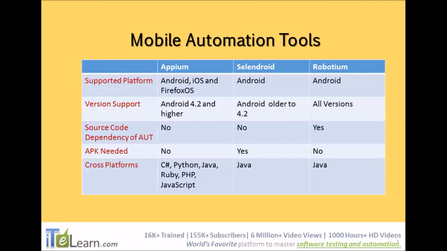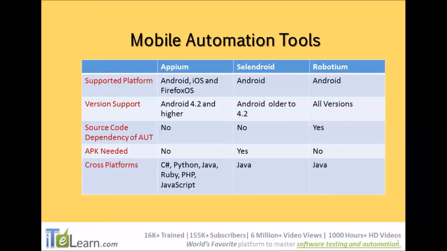Using the package names of the application itself, you can drive with Appium. So Appium doesn't depend on the source code, and neither does it depend on the APK of the application. That's why Appium takes over the other two frameworks with respect to these two points.